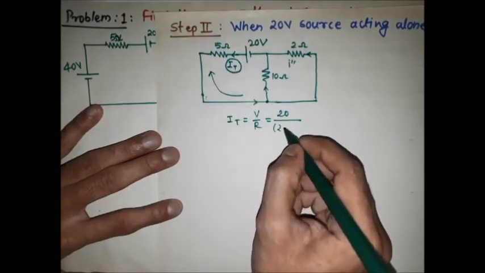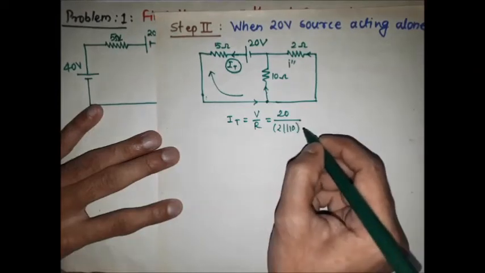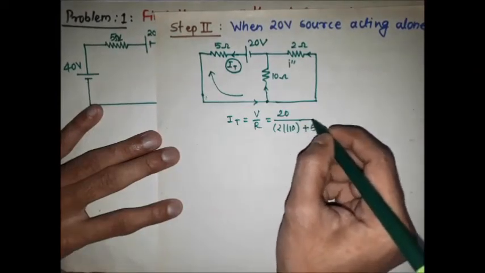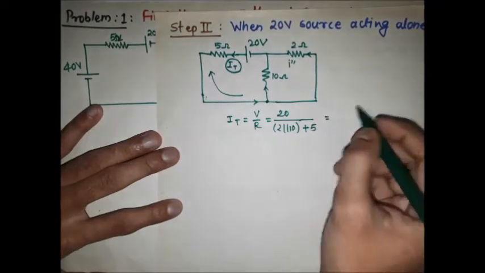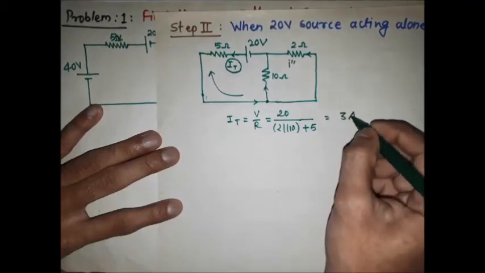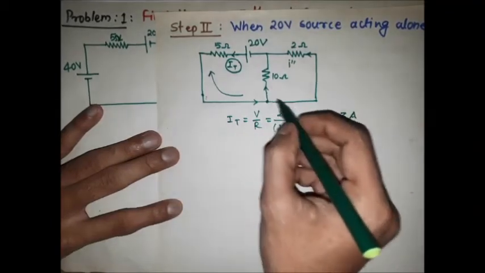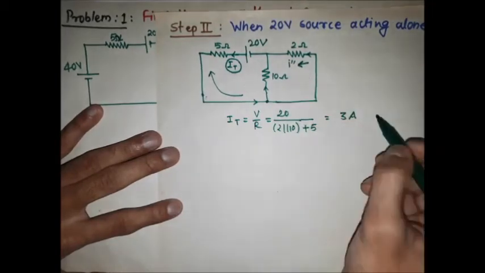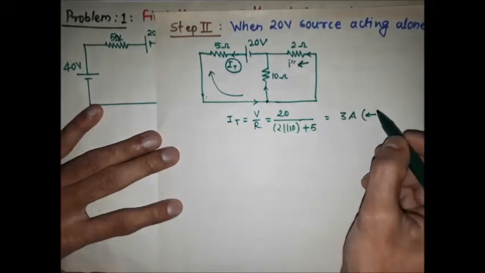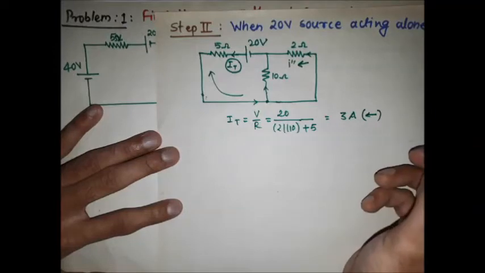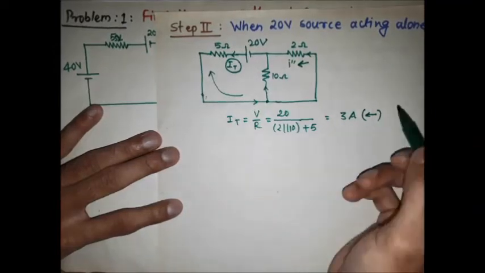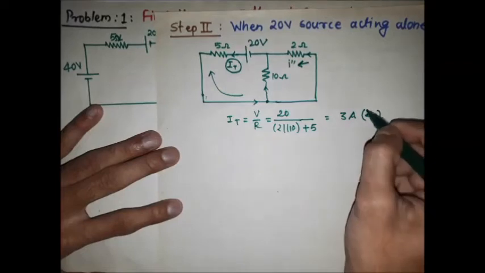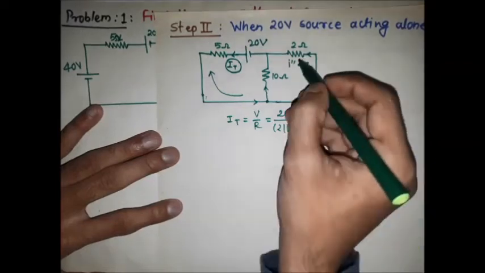So 2 parallel with 10 plus 5, which gives 3 ampere, and we have to consider the directions here. Through the 2 ohm resistor, I double dash is flowing to the left hand side, so the direction of I double dash is towards the left hand side. Sorry, this is the total current and we have to find I double dash.